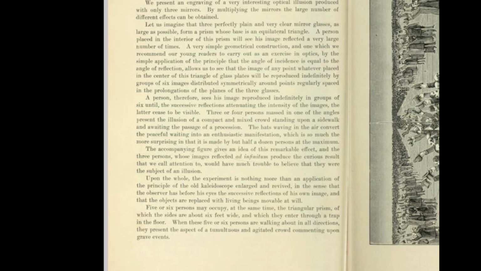The accompanying figures give an idea of the remarkable effect, and the three persons whose images reflect ad infinitum produce the curious result that we call attention to. One would have much trouble believing that they were the subject of illusion.